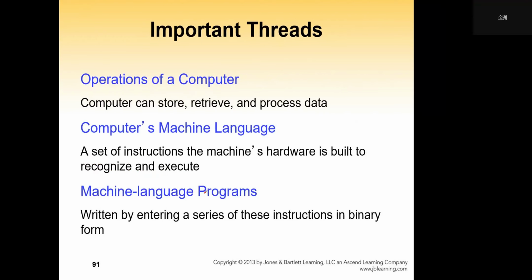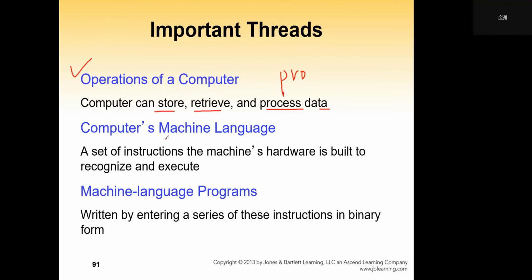Okay, so that's what we are going to share in today's class. Then I leave several important threads here for all of us to remember from today and the previous classes. First, what a computer can do: a computer can store, retrieve, and process data, and it is also programmable.